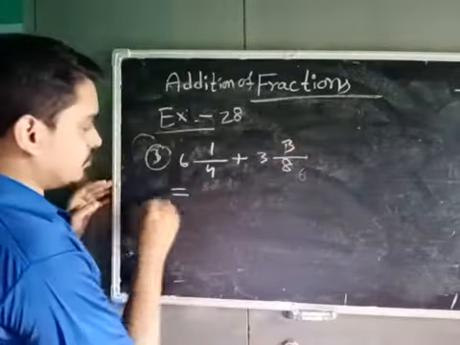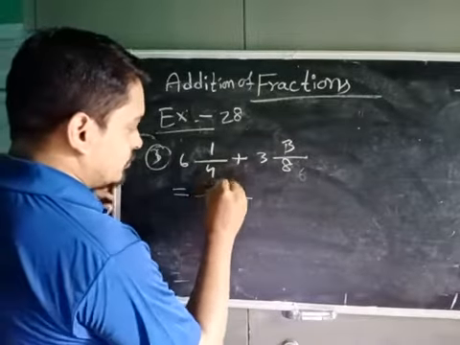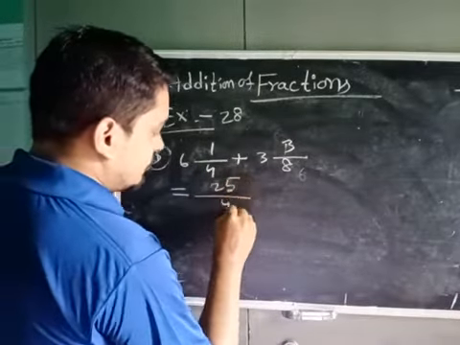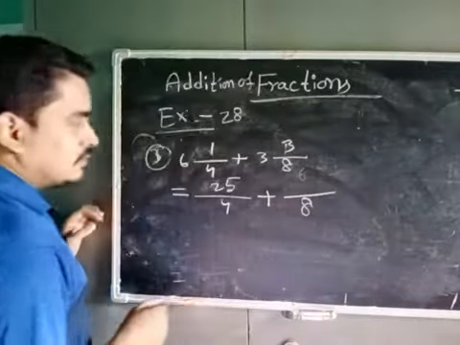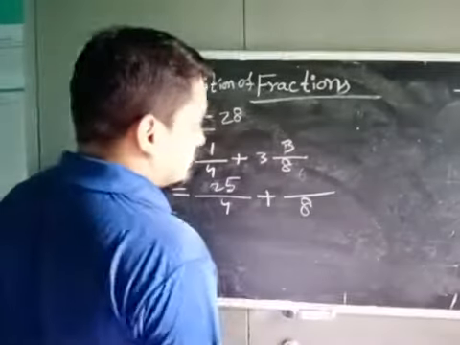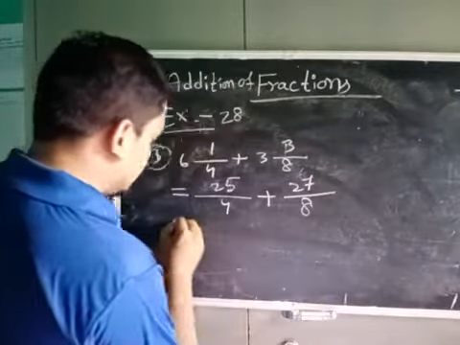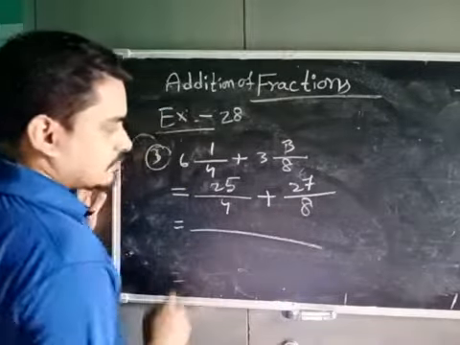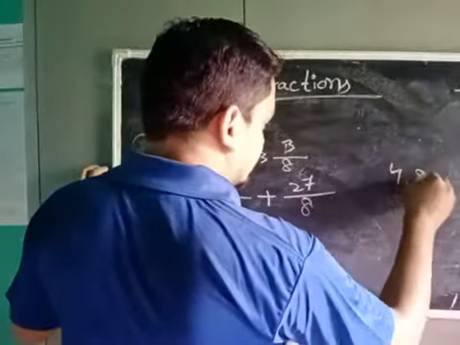So at first we have to convert. 4 6s are 24 plus 1, 25. 25 by 4, plus here what we have, 8 we have in the downside, and 3 8s are 24 plus 3, 27. So here you see the denominators are different, that is why we have to find the LCM.